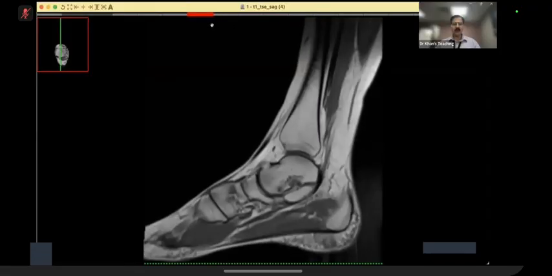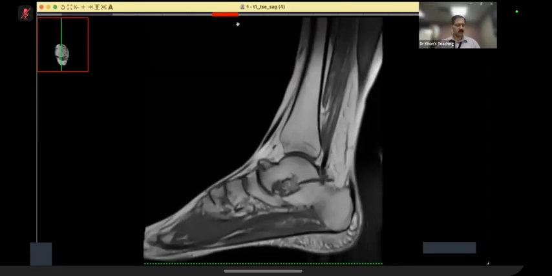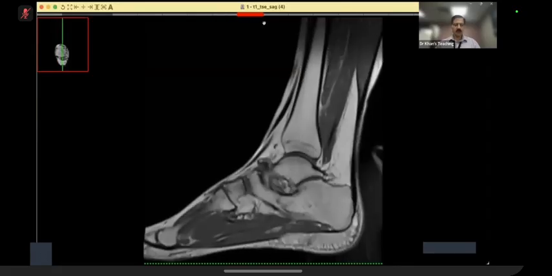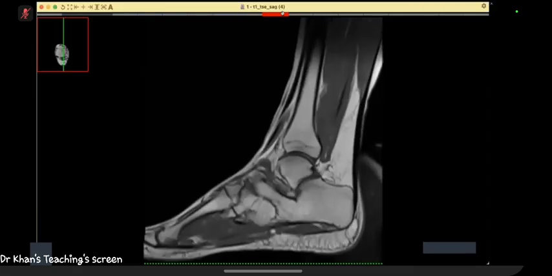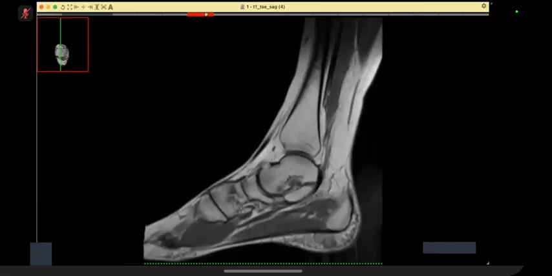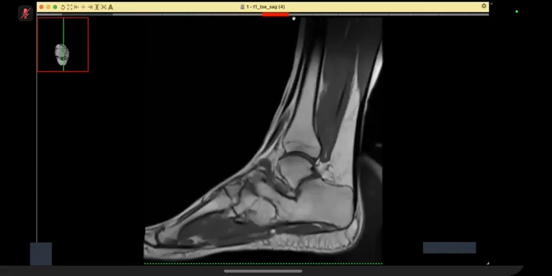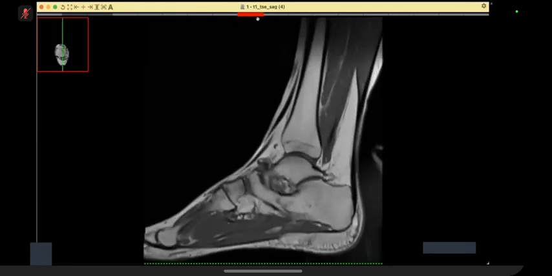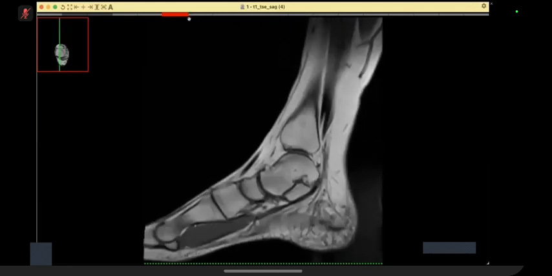Concentrate on any other finding which explains the finding which you have picked up on the talus. On review of the remainder of the study, I can see the joint space between the talus and the tibia is preserved. The calcaneum is unremarkable.